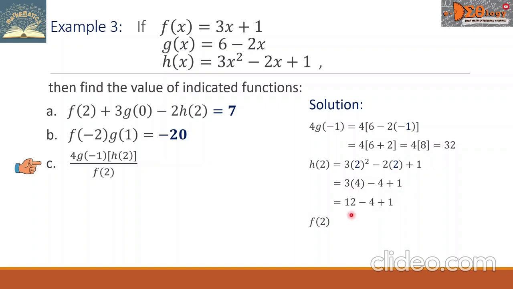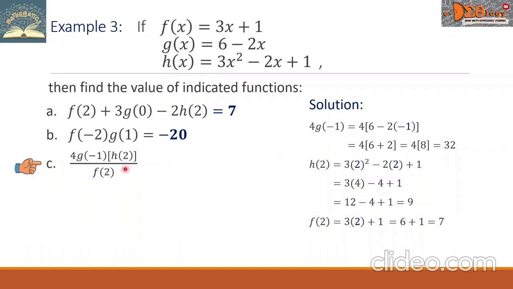This 3 times 4 is 12, minus 4 plus 1 equals 9. Now f of 2. Our f of x is here. Therefore, f of 2 becomes 3 times 2 plus 1. 3 times 2 is 6, plus 1 equals 7.